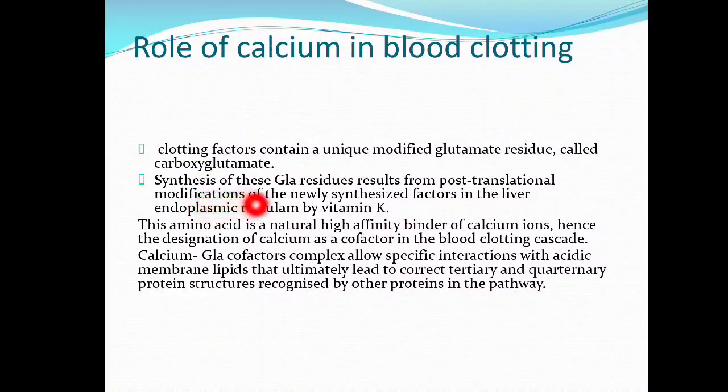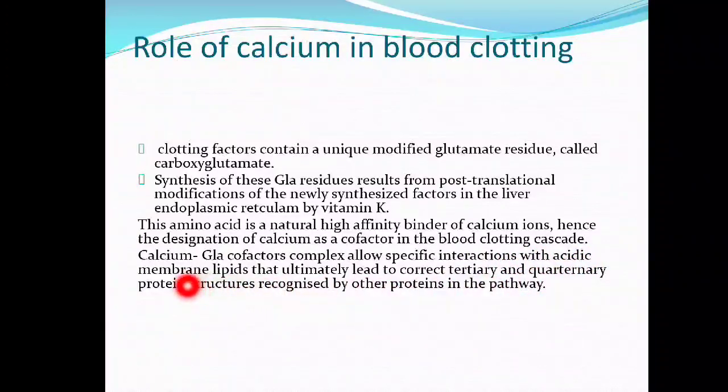The synthesis of these residues results from post-translational modifications of the newly synthesized factors in the liver endoplasmic reticulum by vitamin K. The amino acid is a natural high-affinity binder of calcium ions, hence the designation of calcium as a cofactor in the blood clotting cascade.